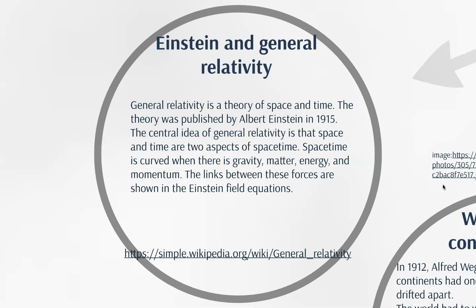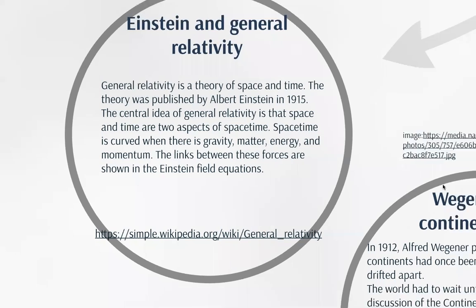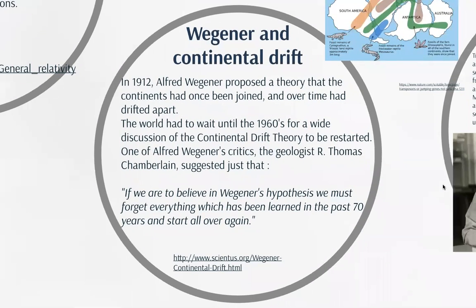We know from his special theory of relativity that the perception of time can be different. General relativity talks about accelerating frames of reference and the fact that space and time curving has impacts on other things, and it also led to a whole heap of other ideas.